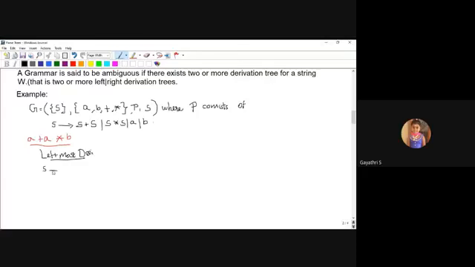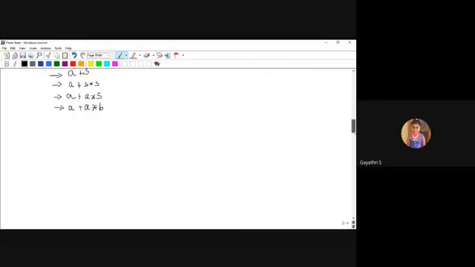So this is the leftmost derivation. S tends to S plus S. I will replace S by A. Then again A plus S, which is replaced by S multiplying with S. Again A plus A multiplying with S. Then A plus A multiplying with B. So the string is reached: A plus A star B. Now I have to draw the respective parse tree.